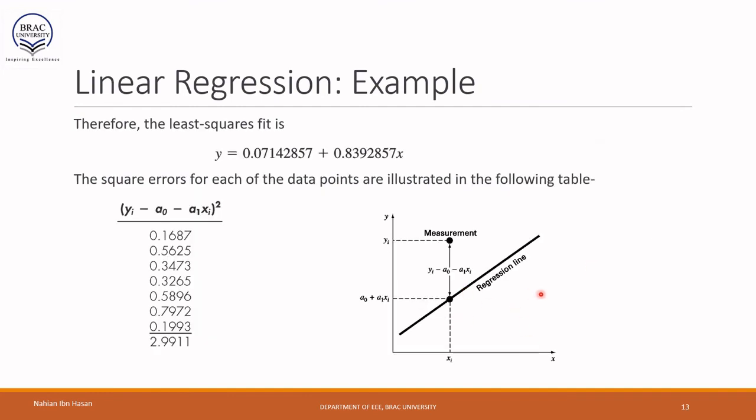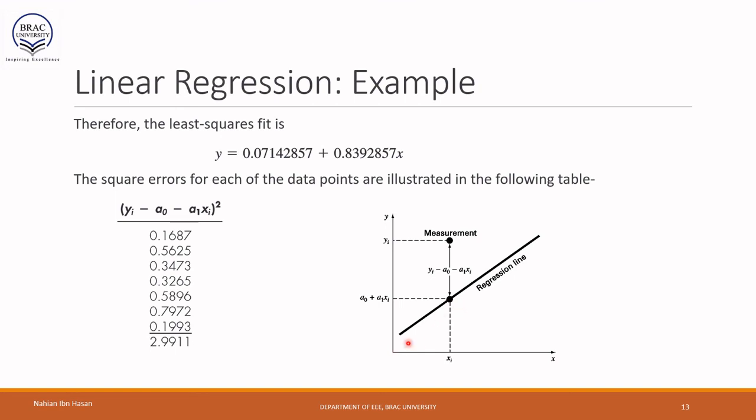So look at this. This is the regression line that is fitted through the data points. So a naught makes the intersection with the y-axis, this point, something like this, and a1 is the slope of this regression line. Okay, so we can determine the individual error terms for this straight line.